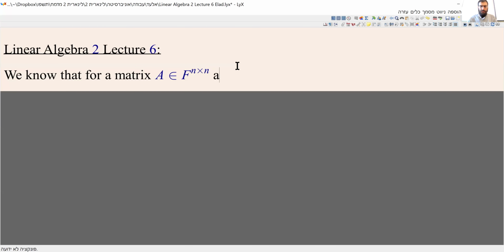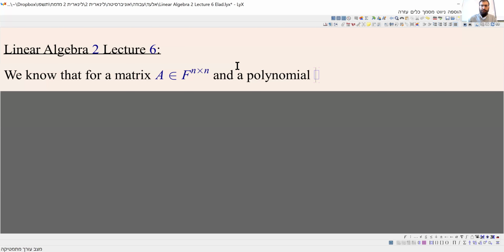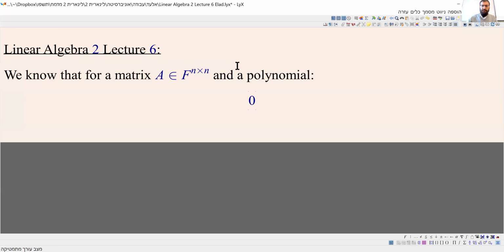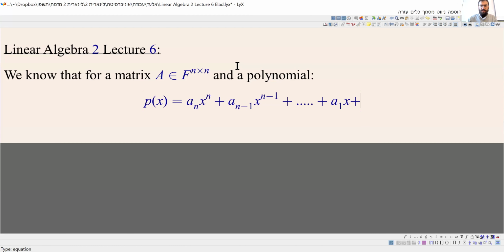and the polynomial, calling it p(x), p(x) equals a_n x to the power of n plus a_{n-1} x to the power of n minus 1, and so on, plus a_1 x and a_0.